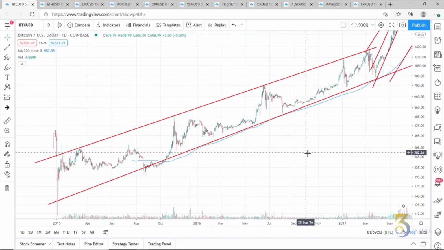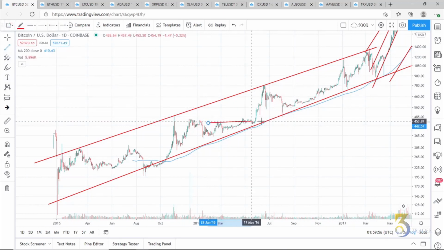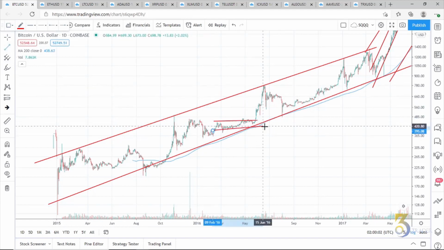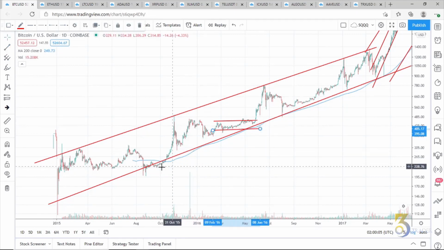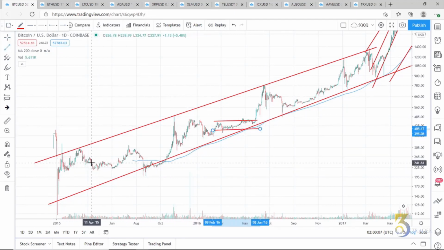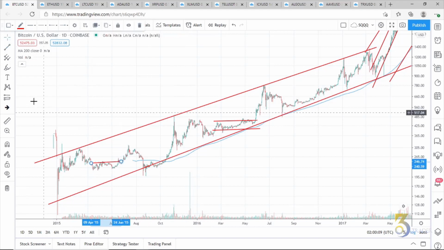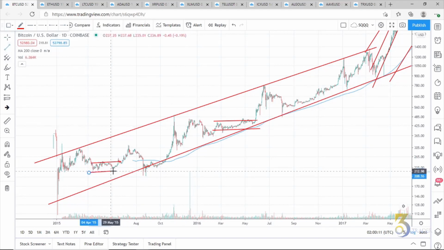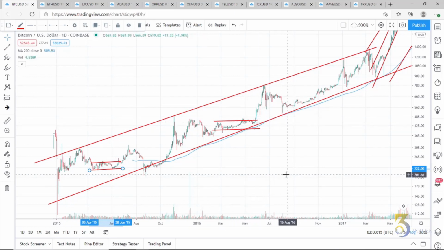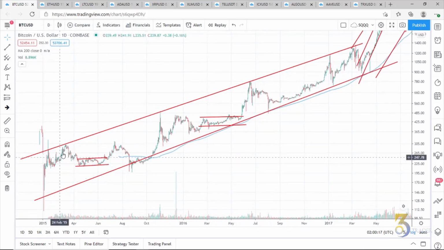Yay, great job. Even within this, you can see those sideways areas. So you can come back in here and kind of draw those. You have plenty of them, where the market's not really going in a direction. However, what I want to talk about is the pullbacks.